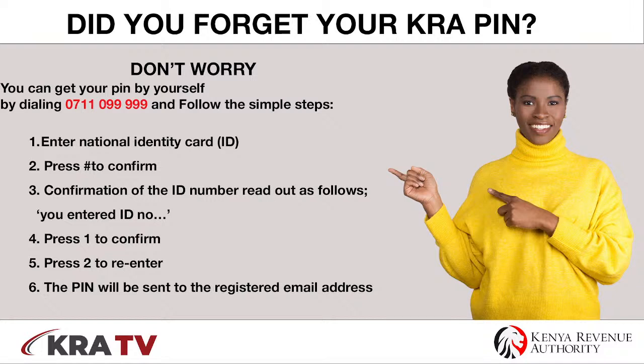It will prompt you to enter your national ID card. And after you enter, you press hash to confirm. Your ID number will be read out, and you press 1 to confirm and 2 to re-enter. And then the new password will be sent to your registered email.